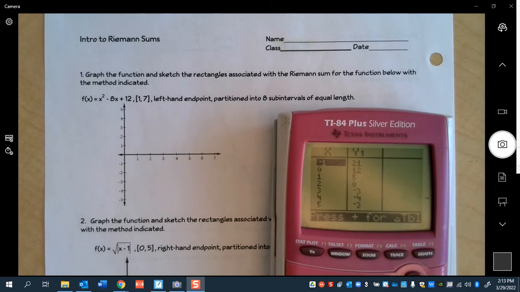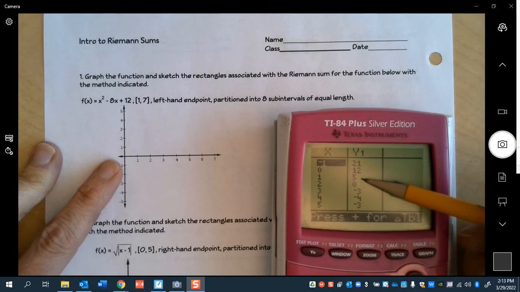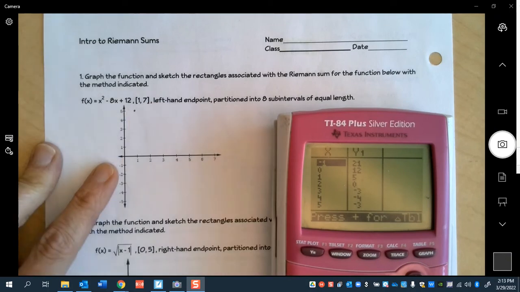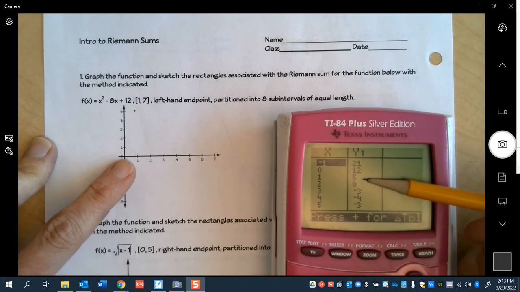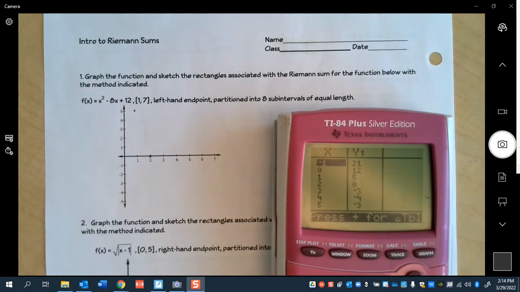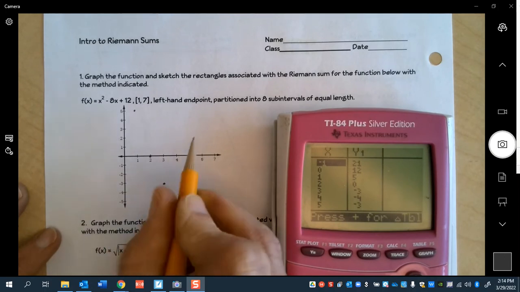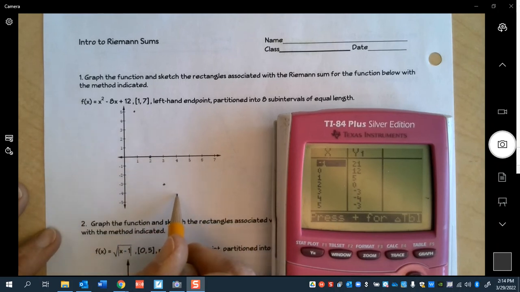So when I look at 1, I have an output of 5. So go ahead and graph that here. An input of 1 gives me an output of 5. An input of 2 gives me an output of 0. An input of 3 gives me an output of -3. An input of 4 gives me an output of -4.